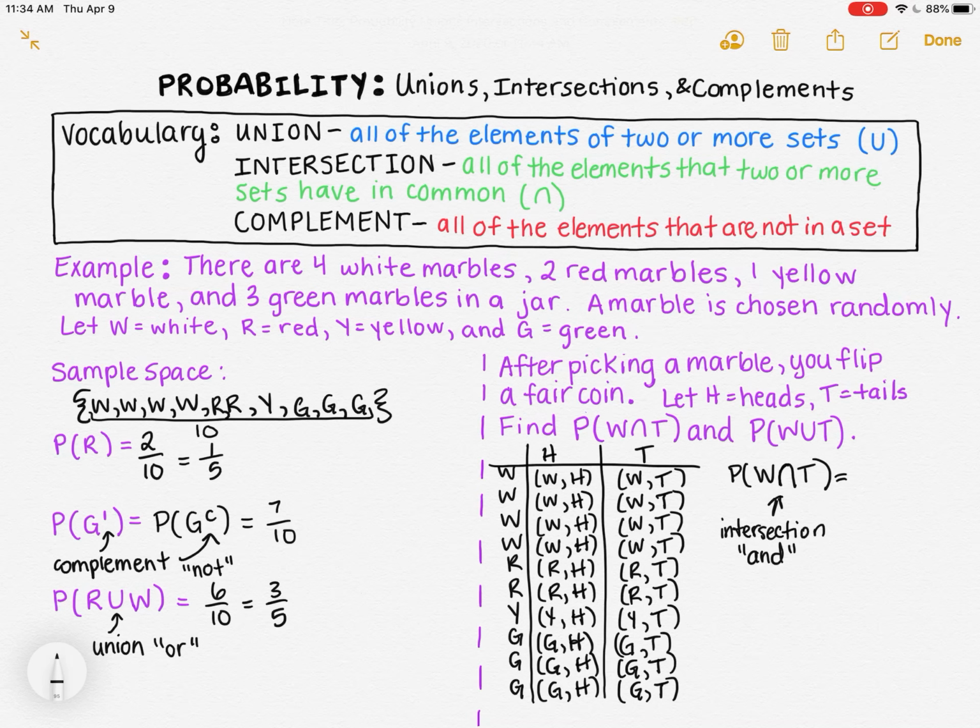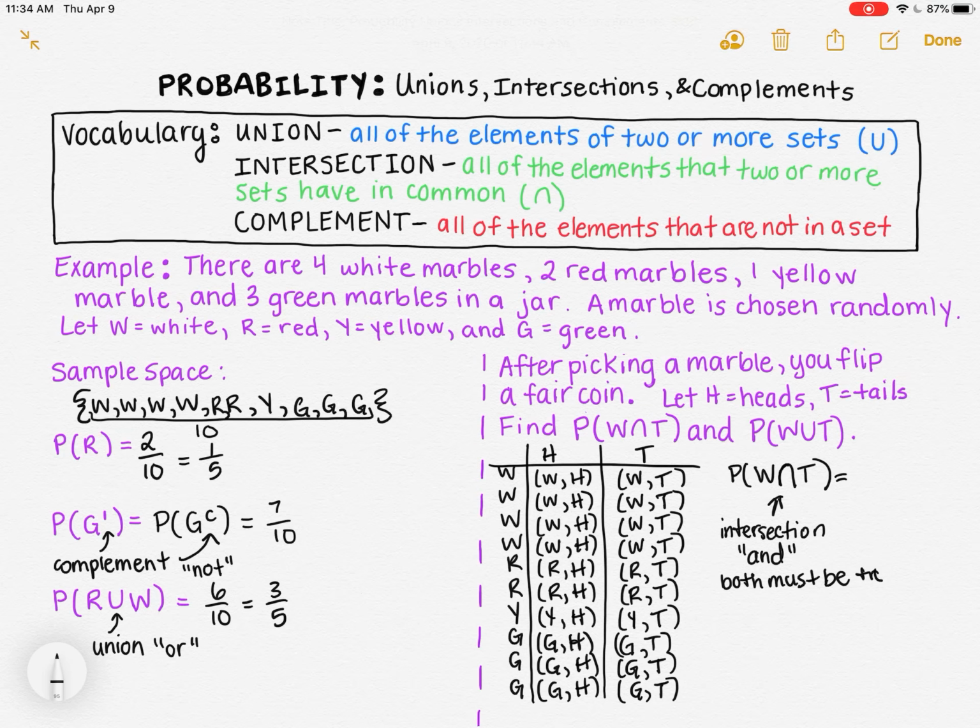Another way to think about an intersection is that we have to have both events be true. So I'm not looking for all the W's and all the T's. I'm looking for the events where I have a W and a T. Both have to be true. I have to pick a white and I have to flip tails for this to happen.